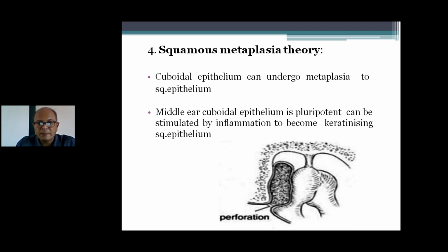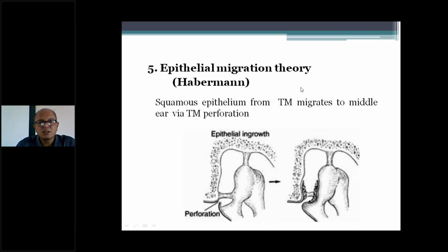So metaplasia can occur due to a lot of causes. Here the most likely cause may be inflammation. Inflammation in the middle ear for a long duration of time can lead to squamous metaplasia. So migration theory: squamous epithelium from the tympanic membrane migrates to the middle ear via a tympanic membrane perforation.